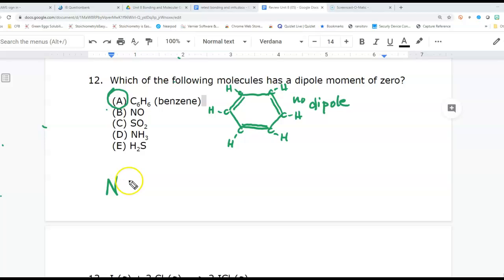NO, does that have a dipole? That's 5 electrons plus 6 electrons. So we end up with oxygen next to it. If we make them have a single bond, that means the nitrogen still has 3 and the oxygen has that left. So we can go ahead and double bond that. If we double bonded that, then we would have this going on here, and then we would be wondering, well, what are we going to do now?